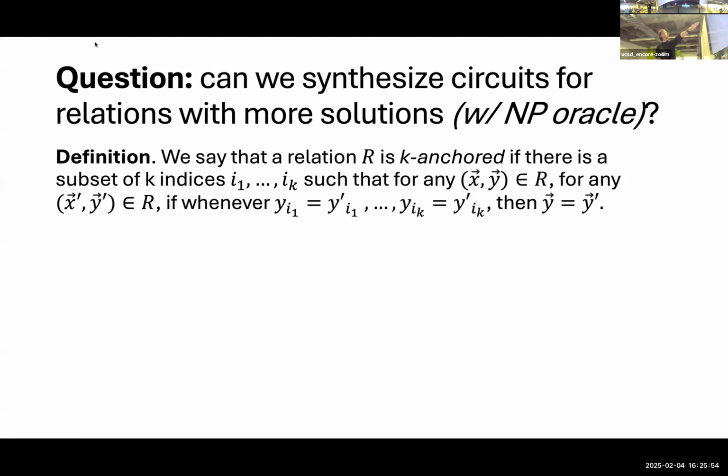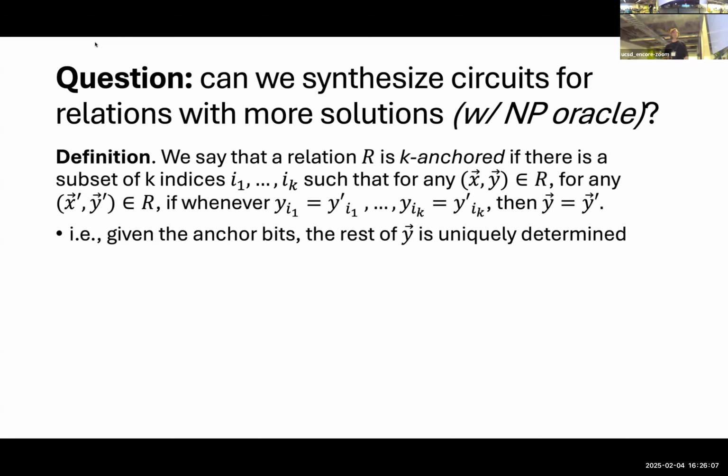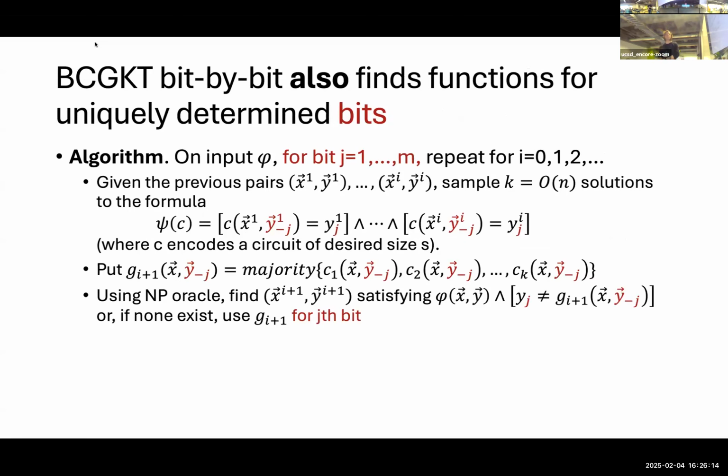What I know how to do is, if there's a subset of indices such that given the settings on those indices, everything else is unique. Okay, I'll call this an anchored relation. So given the anchor bits, the rest of the witness is uniquely determined. Note that you can use this Bashudi and friends technique to just find uniquely determined bits of the witness.